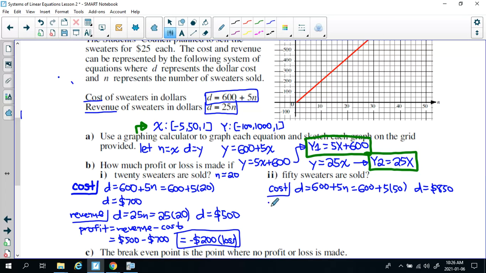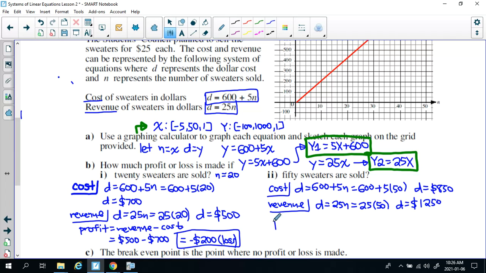And then your revenue, you would have D is equal to, was it 25 times N? So that'd be 25 multiplied by 50. And this would be 1250.